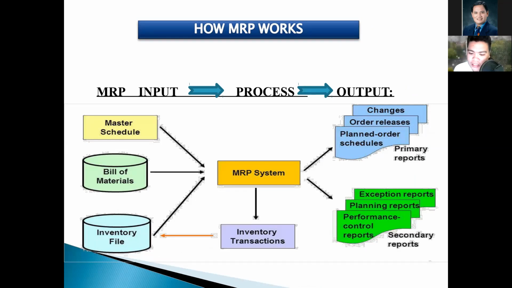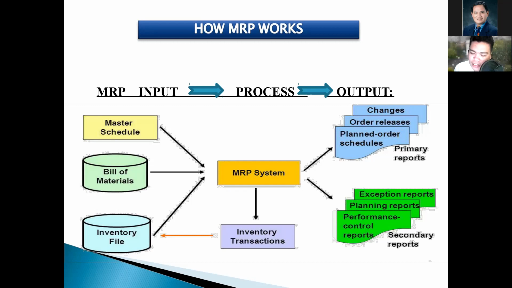Now, si MRP system, ibabalik niya yung information which we call inventory transactions doon sa inventory mo, or let's just say sa warehouse management mo, in order for them to keep on updating kung how much ba yung nagamit for the production, how much din yung kailangan ulit i-reorder para ma-meet yung production schedule.